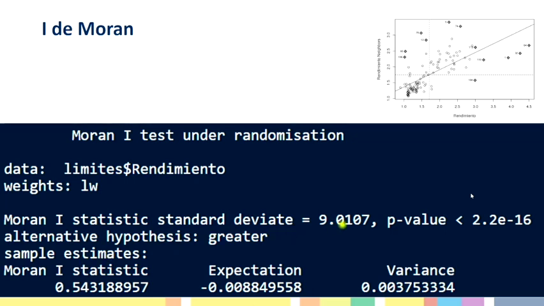And this is the value of the p-value. So it's almost impossible for this result to be due to luck or randomness. So we can conclude that this information has a spatial correlation and that the value of the correlation is 0.54.